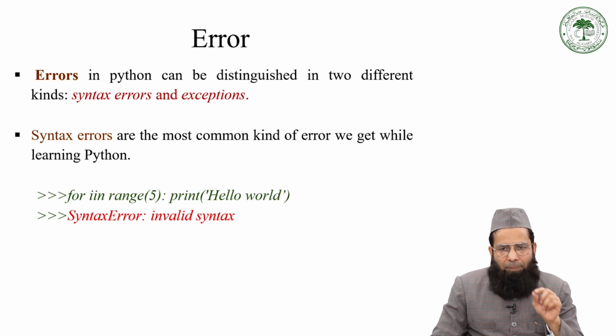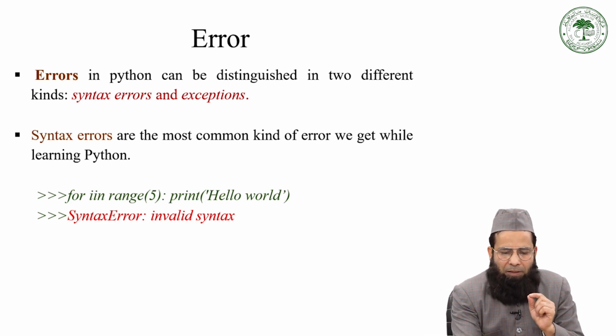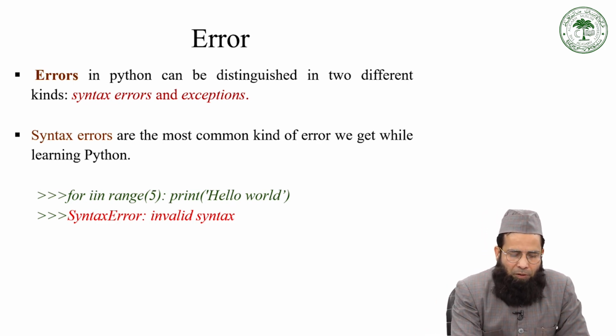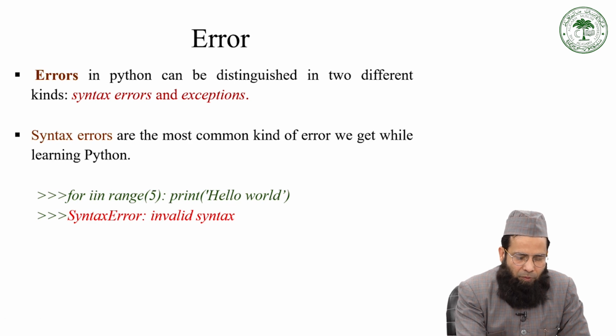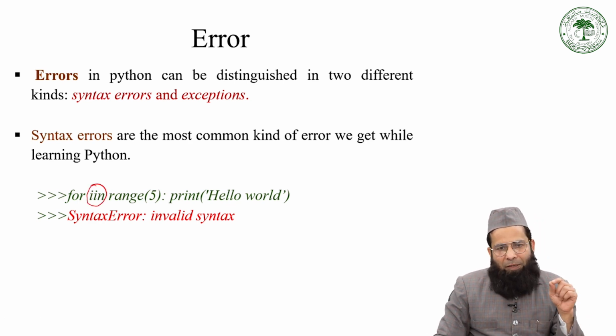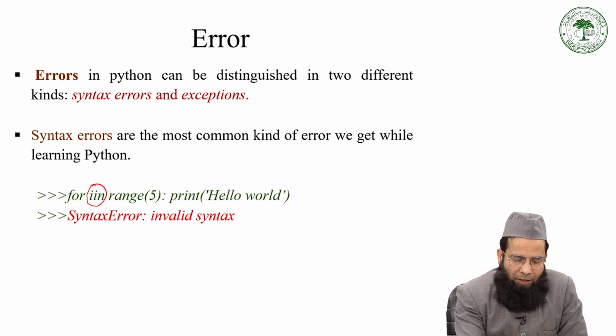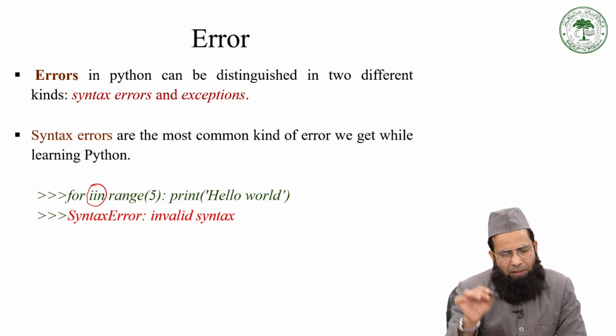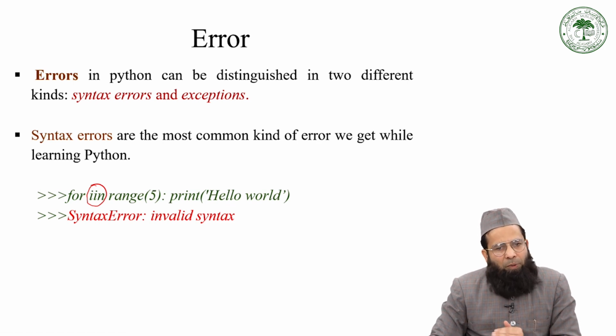There is an example here. In this particular program, let me select the pen now. In this particular program, there is no gap between i and in. The very first is the variable i, and there should be some space, and then in should be used.